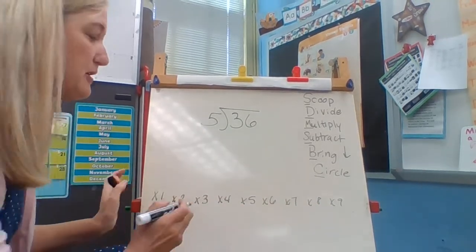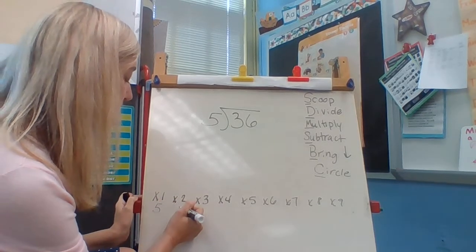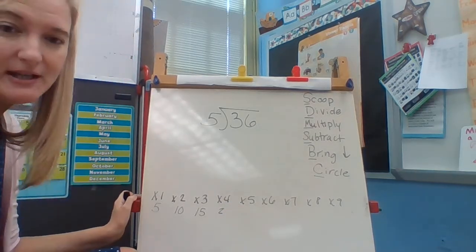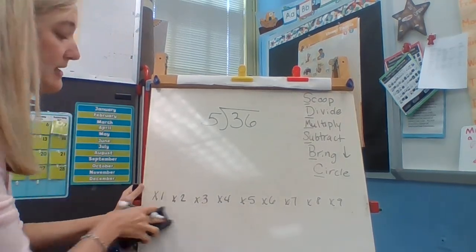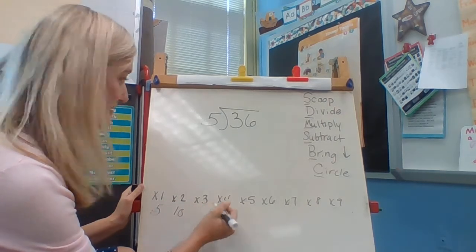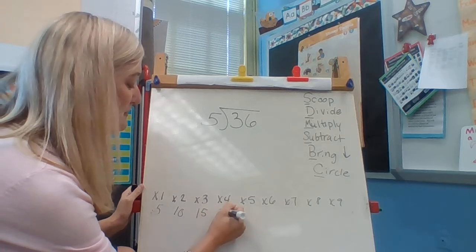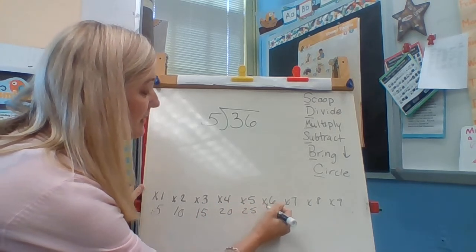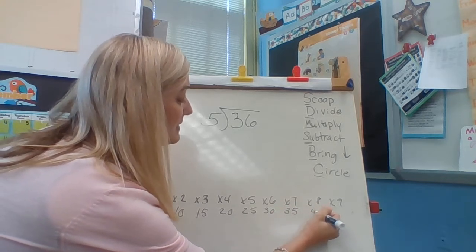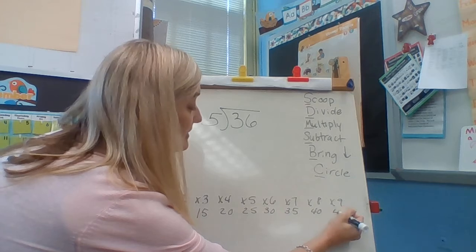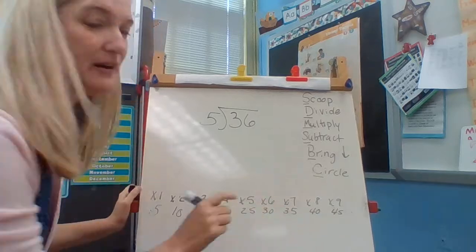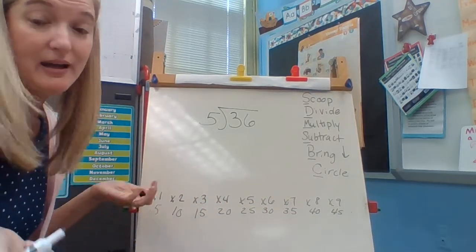This is going to be so easy for you all. 1 times 5 is 5, 2 times 5 is 10, 3 times 5 is 15, 4 times 5 is 20, 5 times 5 is 25, 6 times 5 is 30, 7 times 5 is 35, 8 times 5 is 40, 9 times 5 is 45. Easier way: 5, 10, 15, 20, 25, 30, 35, 40, 45. All you do is write your skip counts down.